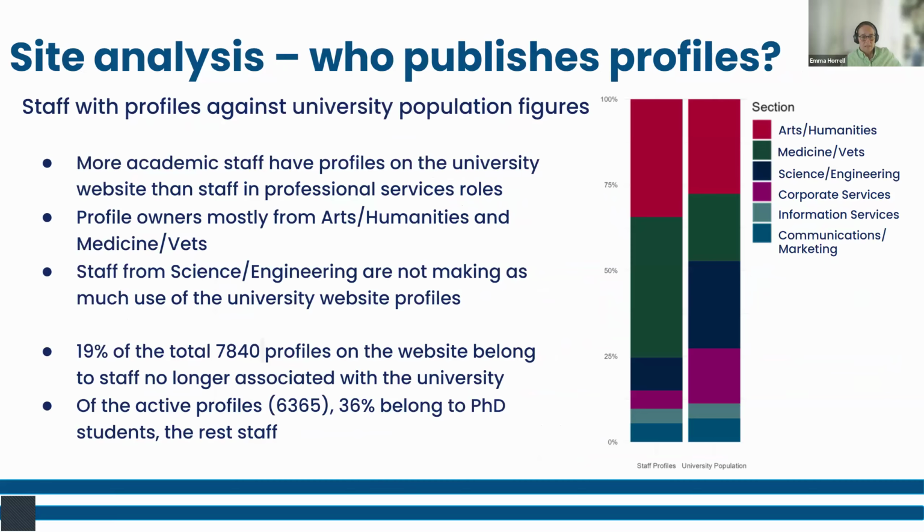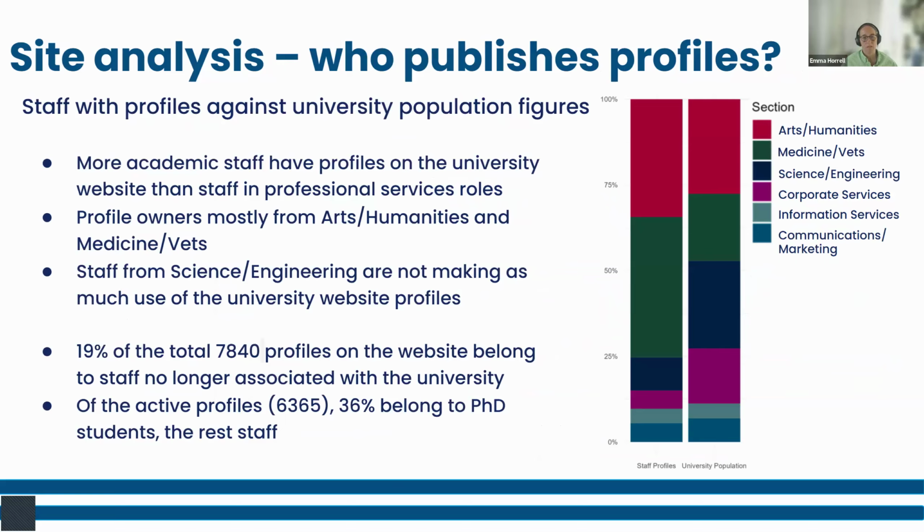So continuing the site analysis, we looked at who had published the profiles, and specifically we looked at the details of the staff that have published profiles and the PhD students against what we call the population figures of the university. So that gave us an indication of representation because we wanted to understand which staff members are making more use of profiles and who's not using them.